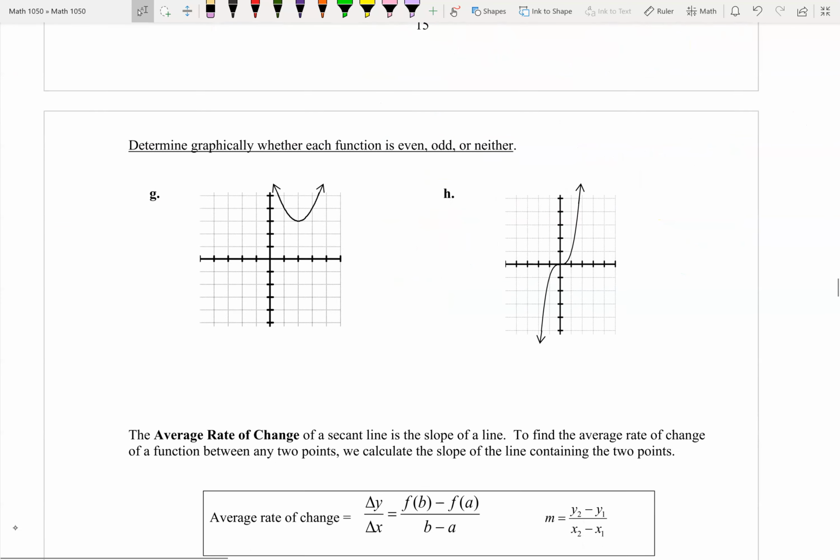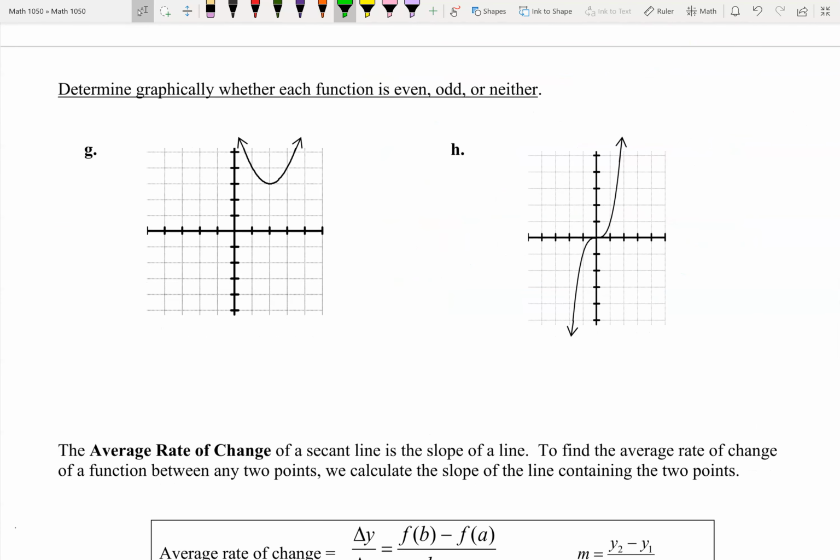Okay, even, odd, or neither. Let's define these again. Even is reflected across the y-axis. Odd is reflected across the origin. And if it's not y-axis or origin, then the answer is neither. Everybody look at question G. Take half the graph.